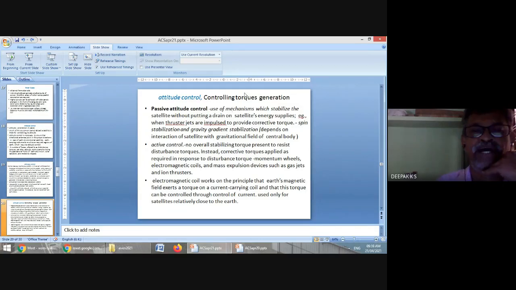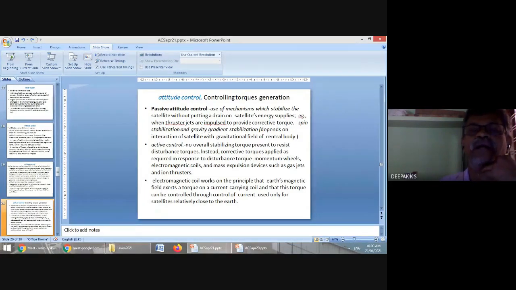Finally, we need to generate a correction torque. Active control means no overall stabilizing torque is present to resist a disturbing torque. Rather than resisting this disturbing torque, we apply a corrective torque in response to the disturbance torque. So let the disturbance happen, and whenever it happens, we will counter it with a corrective torque.